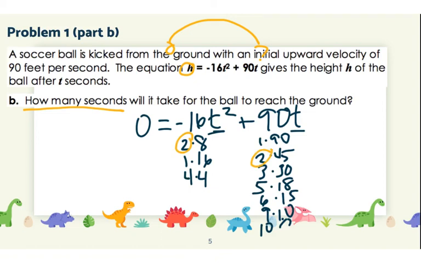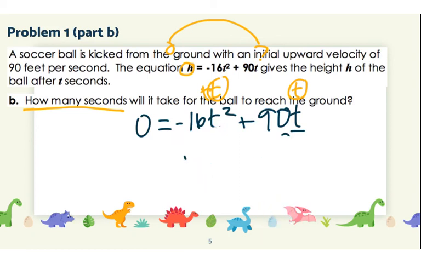Here I've got 2 of those t's, here I just have 1, so only 1 can be considered in common. So let me do my greatest common factor here. I always like for what's left inside the parentheses to be positive.